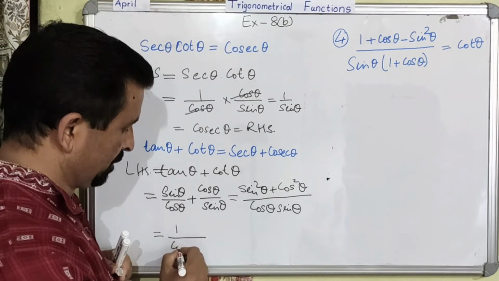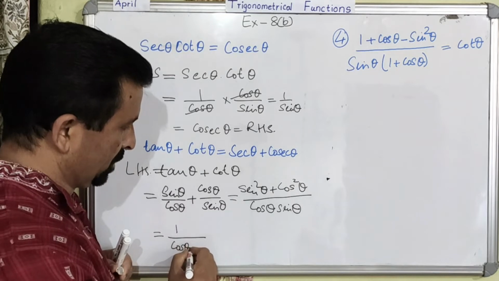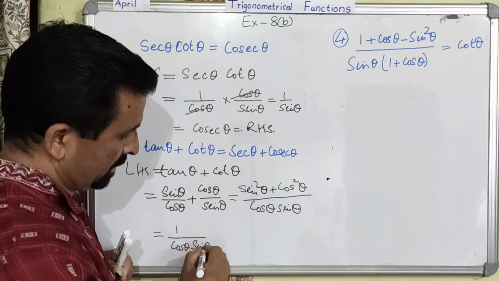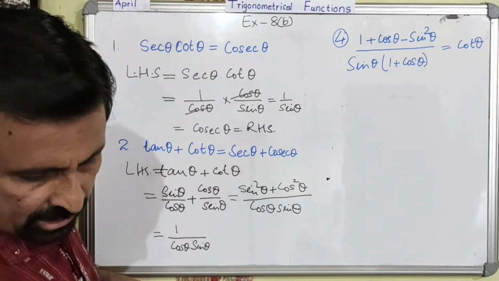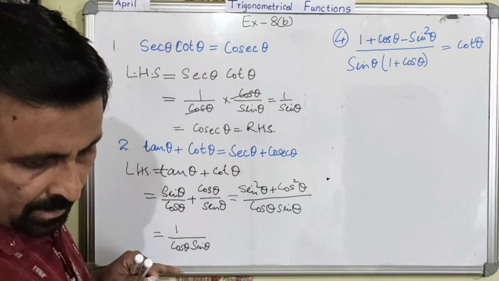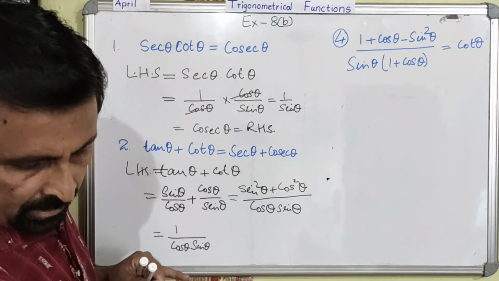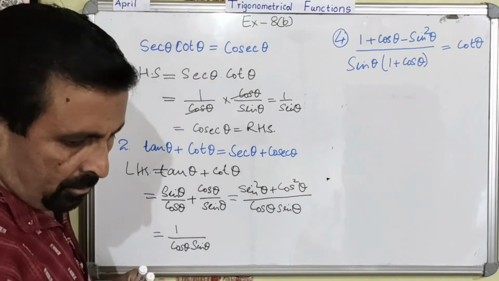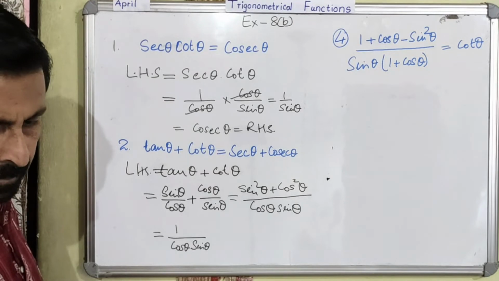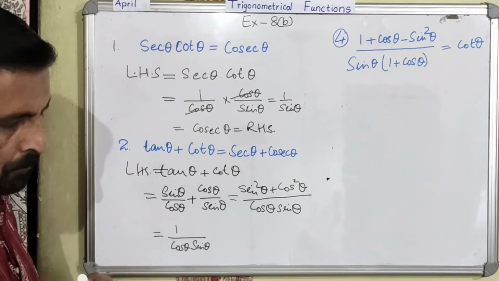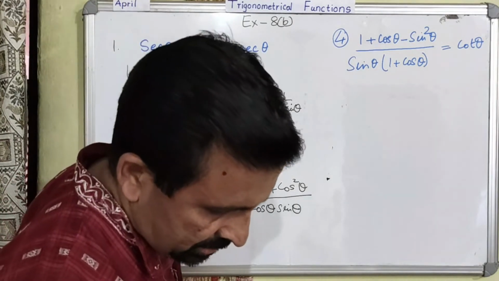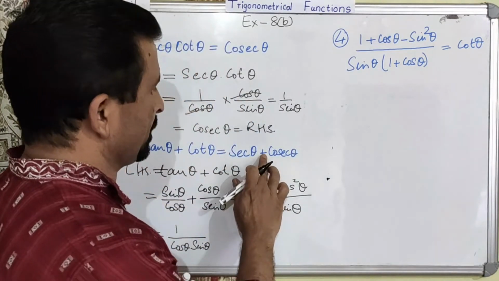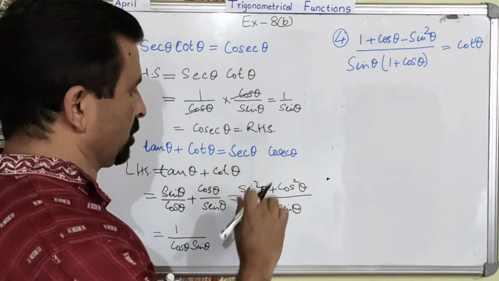Cos theta into sine theta. Is this very clear? Alright. So now what we can do is, in the question, this is not plus, this is just multiplication, sec theta into cosec theta.